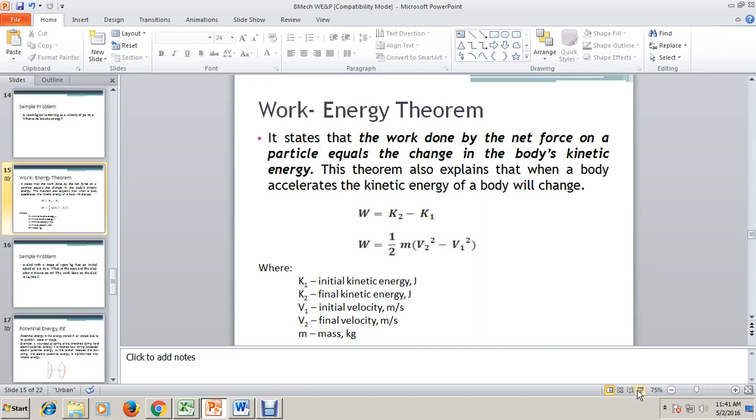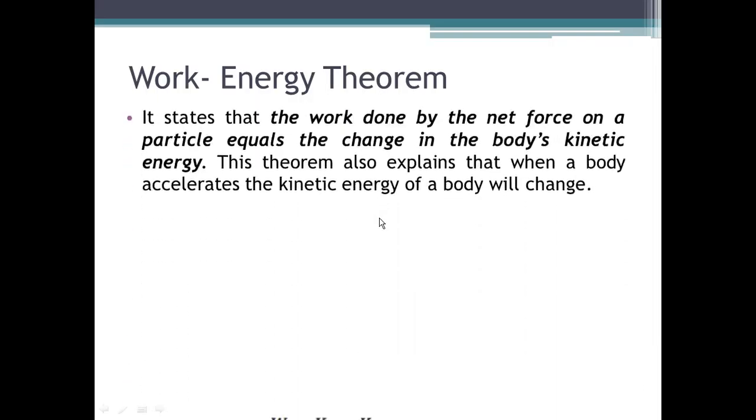Okay, so if the final kinetic energy is given by K sub 2 and the initial kinetic energy is given by K sub 1, and each of these kinetic energies is 1/2 mv squared, having 1/2 m as the common term, we could bring that out from the grouping so that we end up with 1/2 m times (v sub 2 squared minus v sub 1 squared).